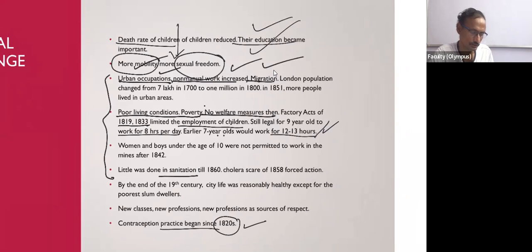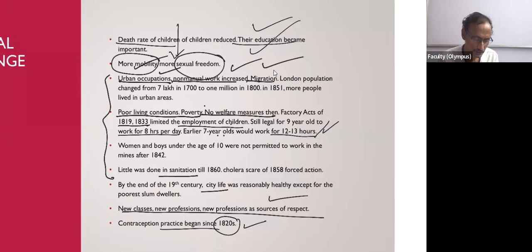So city life itself was a source of freedom, and new professions a source of respect. So all these things gave rise to the idea that we also demand rights.